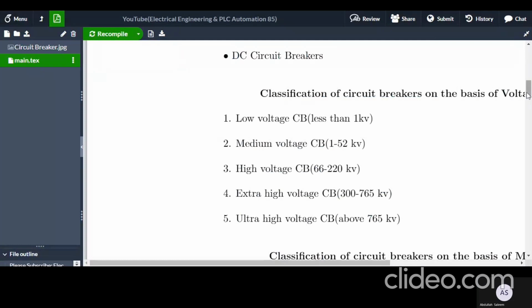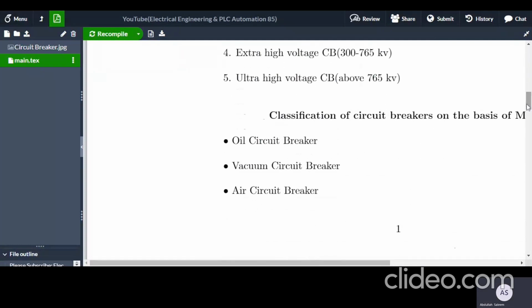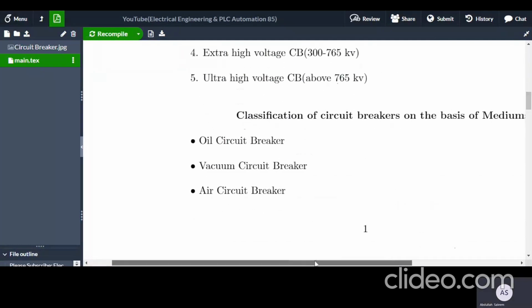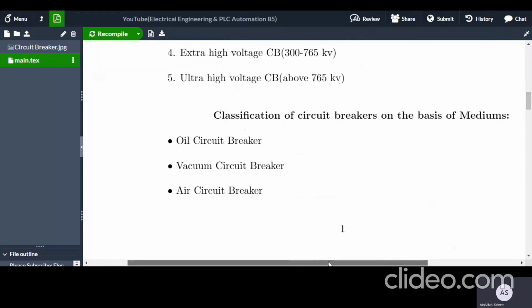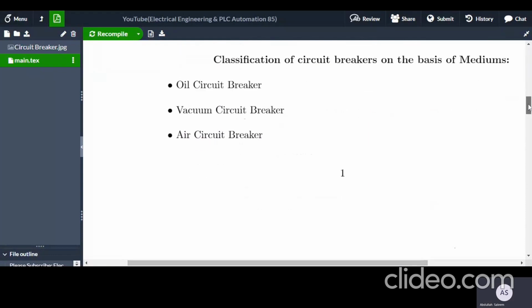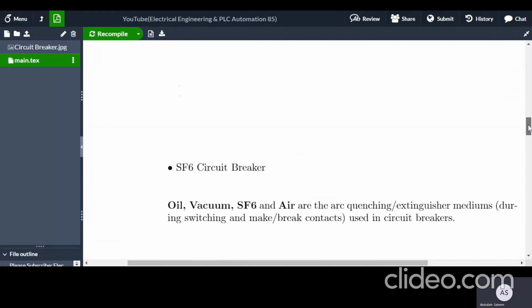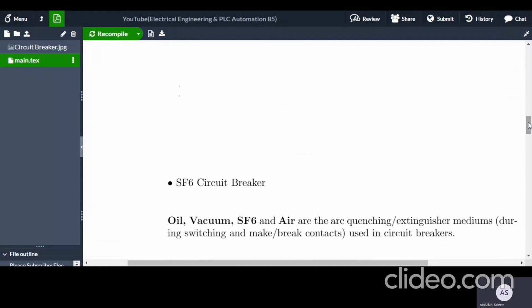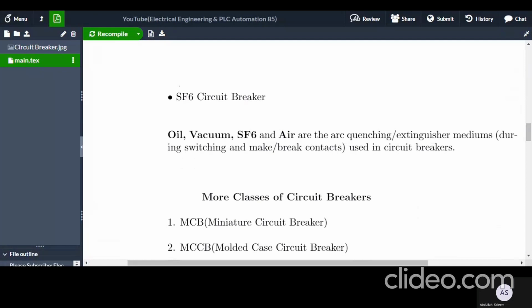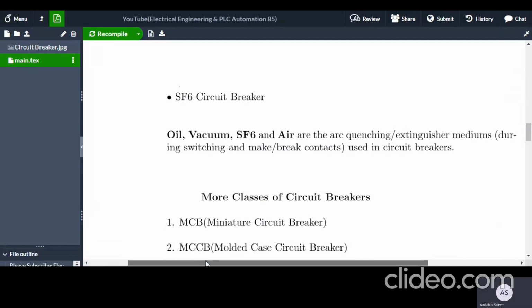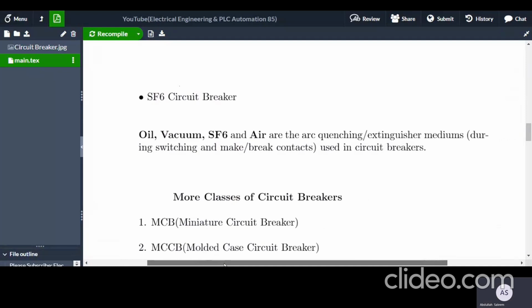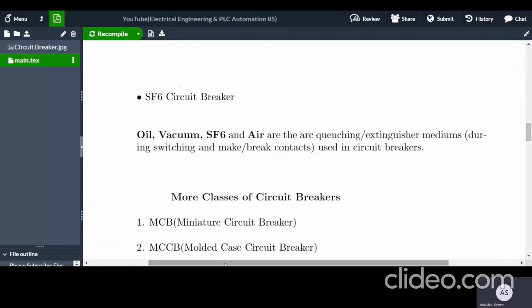Next we classify circuit breakers on the basis of mediums: oil circuit breaker, vacuum circuit breaker, air circuit breaker, SF6 circuit breaker, sulfur hexafluoride circuit breaker. Oil, vacuum, SF6 and air are the arc quenching, extinguishing mediums during switching and make-break contacts used in circuit breakers.